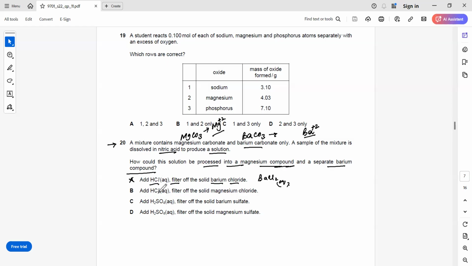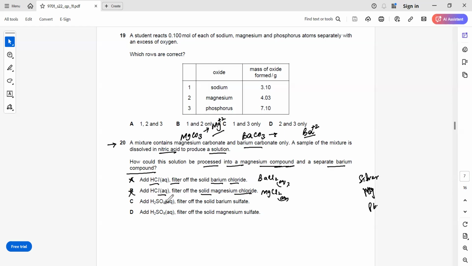Then, on adding acid, filter off the solid magnesium chloride. As I told you, all chlorides are soluble except silver, mercury, and lead. So this is also soluble, aqueous, so we cannot filter it off.